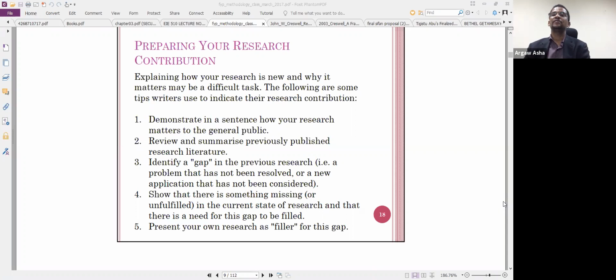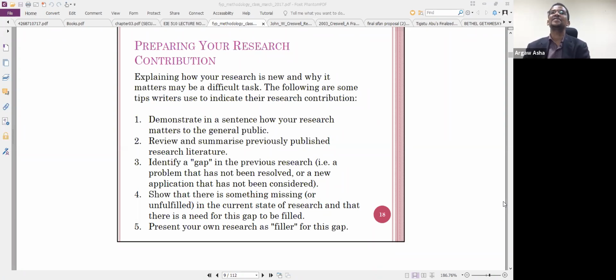Then, you know, you can review and summarize the literature review. Let us say for the last 10 years, there were different research conducted specifically to your research areas, to your research title, to your problems.